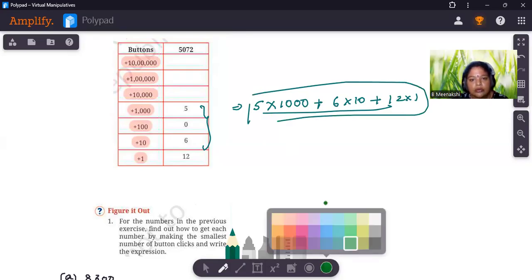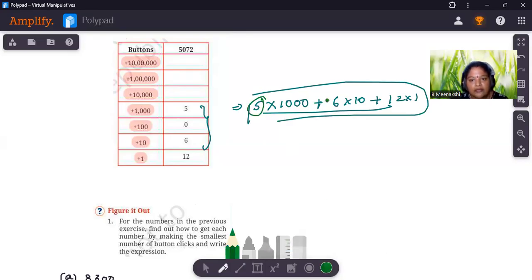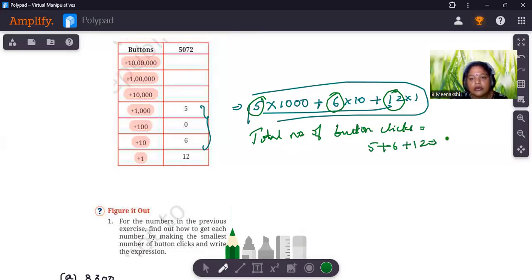I've already told you, 5, 6 and 12 are the number of button clicks. So the total number of button clicks is equal to 5 plus 6 plus 12. So it is 23.